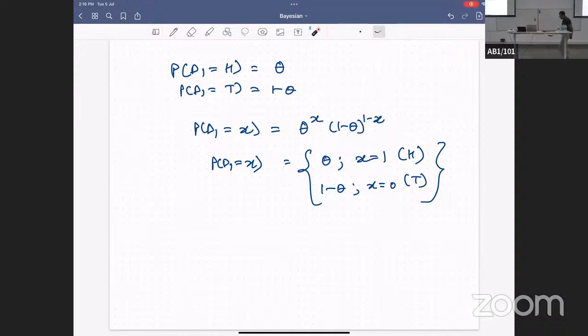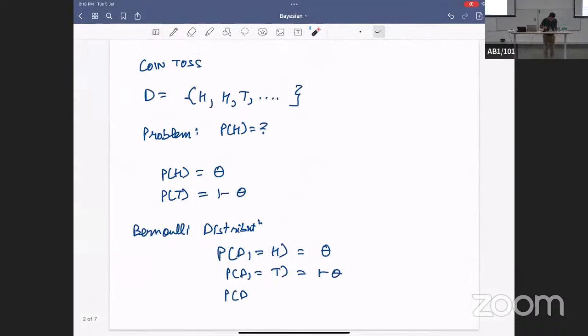Why is the probability of D1 given theta equal to theta? That's just the way we have defined this expression, right? The probability of heads is theta. The probability of tails is 1 minus theta. This is as per the definition that we have given. Since D1 equal to heads, the probability of D1 equal to H means just the probability of heads, which is theta.